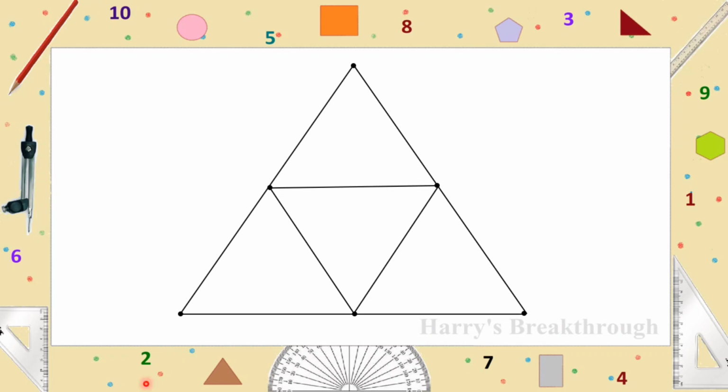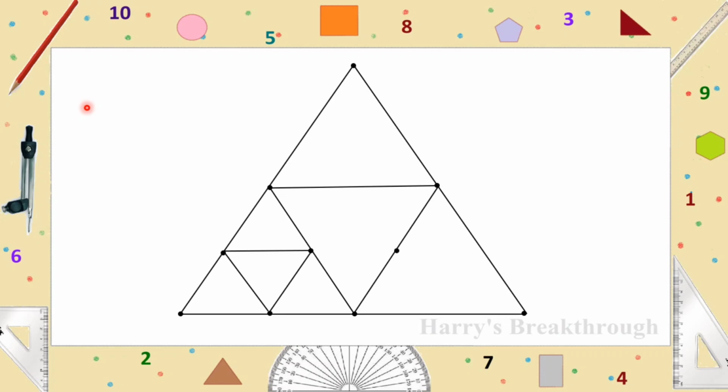Now, again mark the midpoint of each of the sides of these triangles. Like this, mark the midpoint of this side. Then here. Then mark a point here also. Now you have to join this. If you join this, you have divided this triangle again into 4 small triangles.